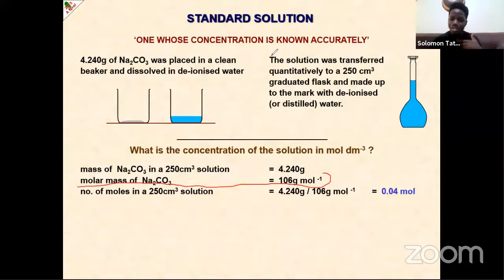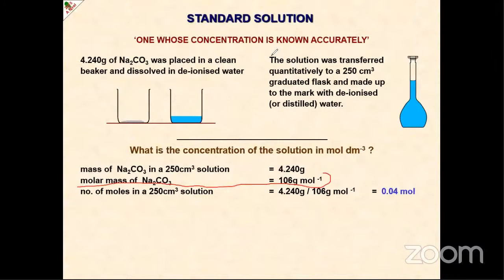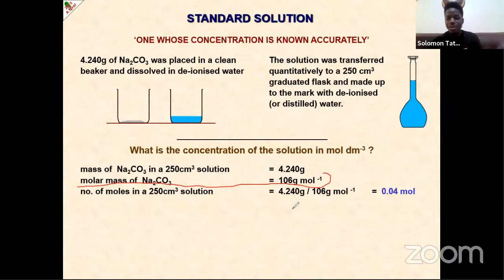We made a triangle to keep reminding us. Every time you're calculating molarity, just draw that triangle. What you're finding, you cover it. It gives you the formula. Yes, Sharon? Mass divided by the molar mass of the substance. Exactly, mass divided by molar mass of that substance will always give you the number of moles.